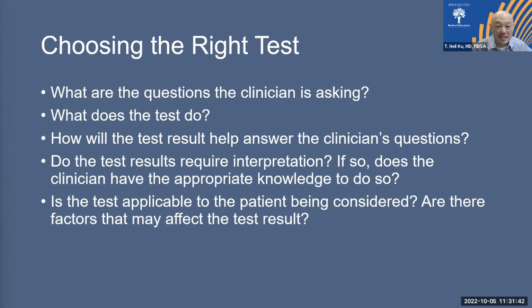What are the questions the clinician is asking? That's a really hard thing, because most clinicians don't think, I want to diagnose this patient with a UTI, but rather, I just want something to tell me what's wrong with this patient.